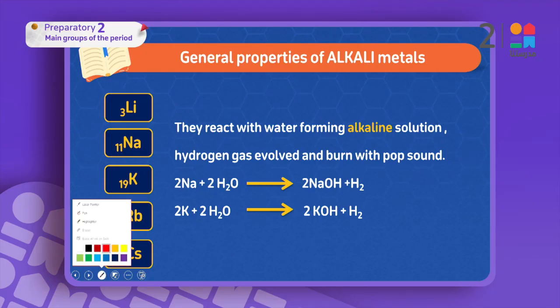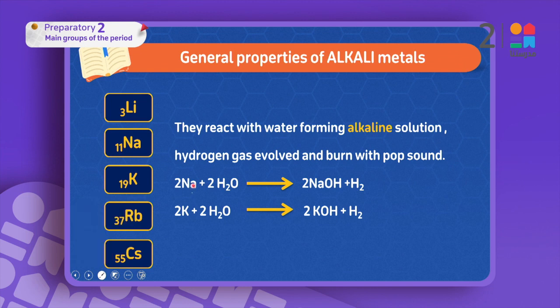And then قلنا how to write this reaction, the reaction of alkali metal with water. قلنا لما يبقى عندنا sodium, for this reaction to happen at least we should take 2 atoms of sodium to react with 2 molecules of water. So this will give sodium hydroxide, which is an alkali solution that turns litmus into blue, and the hydrogen gas evolves, and hydrogen gas may burn with a pop sound.